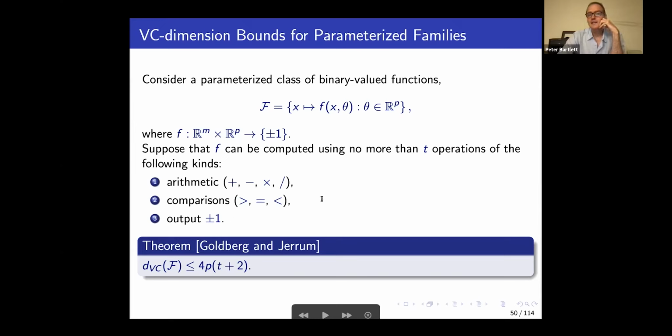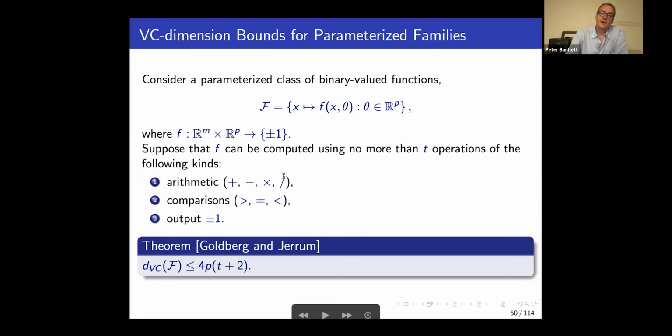Then in that case, the VC dimension of the class of functions you can compute with these p parameters in t time steps is bounded by something like p times t, the number of parameters times the amount of time it takes to compute one of these things. The reason for that is that this class of functions is essentially polynomial in its parameters.